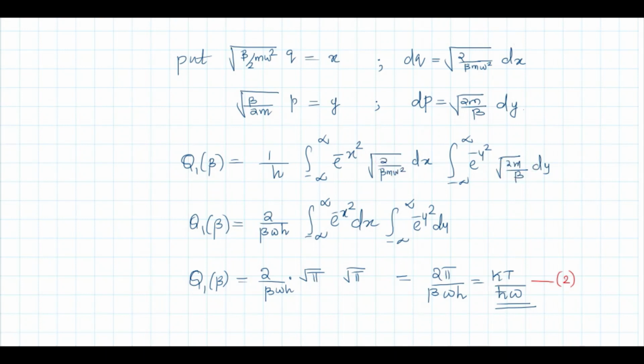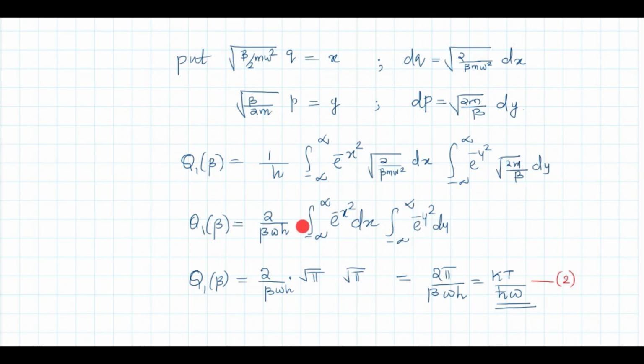This root 2 and root 2 becomes 2. In the denominator there is a root beta, here is also a root beta, that becomes beta, and square root of omega square becomes omega, and there is already an h here. This root term in the denominator and root term in the numerator will cancel. Remaining is integral minus infinity to infinity e raised to minus x square dx, integral minus infinity to infinity e raised to minus y square dy.